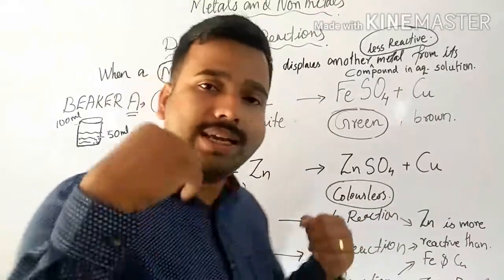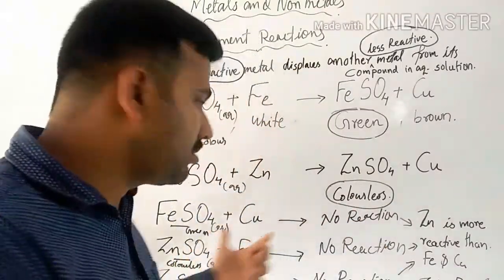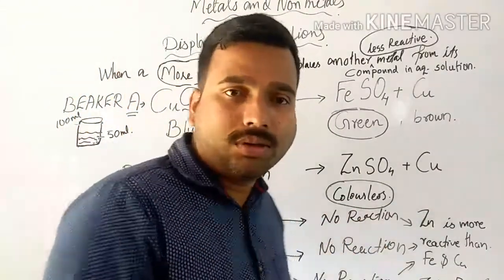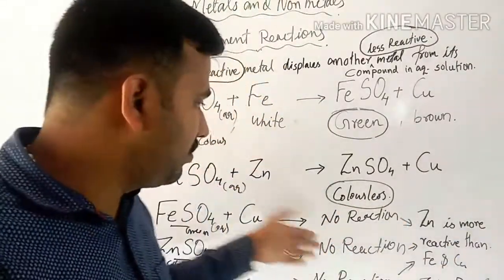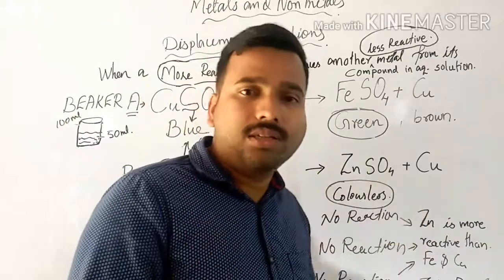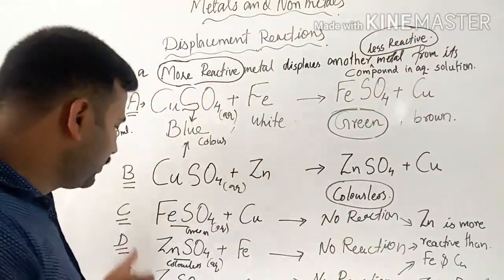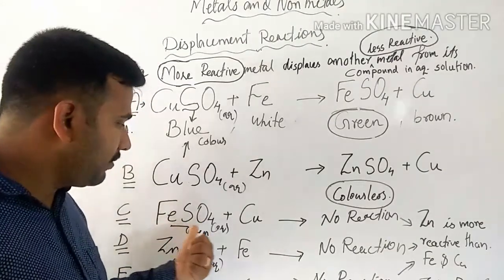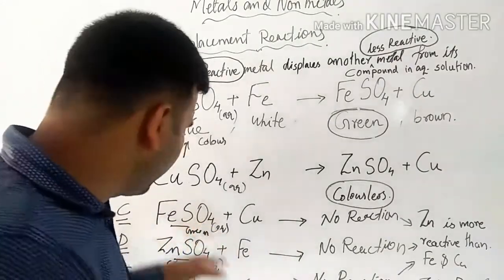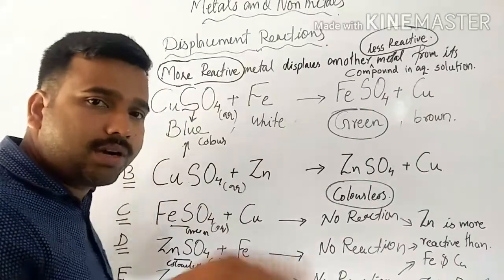So you will not see any color change of the solution, or of the metal, or any deposition of metals in these three situations. Let's look at these three cases once more.